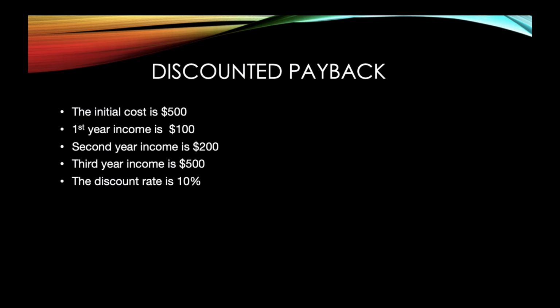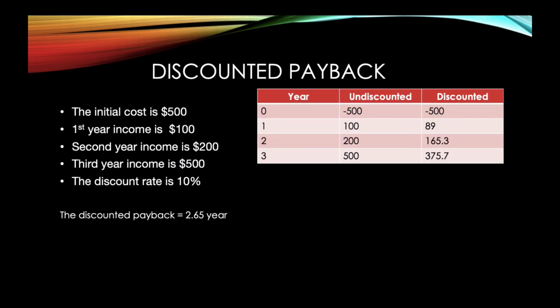The discounted payback is the same as payback, but taking in consideration the time value of money. And here, working on the same example. Here in the table, we have the discounted and the undiscounted amount. As we see, the first year income is $100, but applying to it the discount rate, it becomes $89.